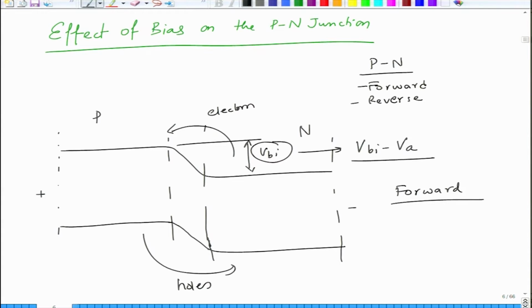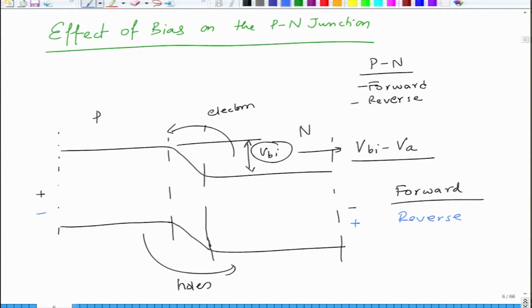What happens in reverse bias, on the other hand, if I depict reverse as blue, is that you are connecting the P side to a negative terminal and the N side to a positive terminal.